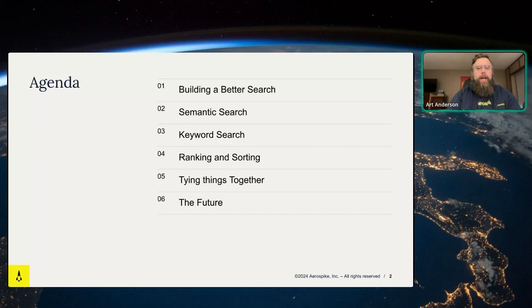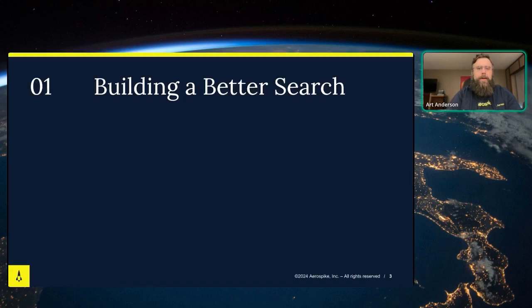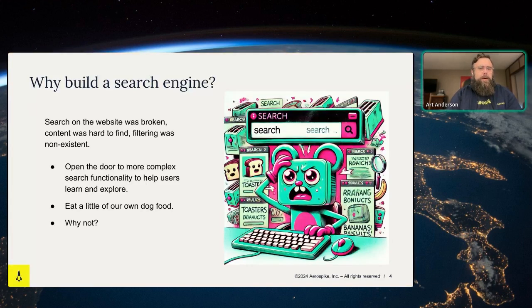Looking at our semantic search, or working with vectors, getting into our keyword search, so inverted indexes and some different ranking algorithms, then tying everything together as far as the ranking and sorting of the keyword and vector results, and then putting it all together in a front end. So with that, let's get started and talk about why we built a search.